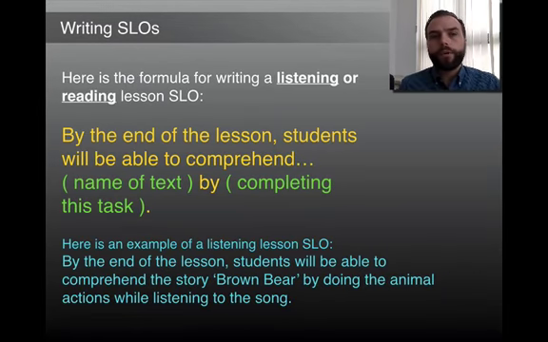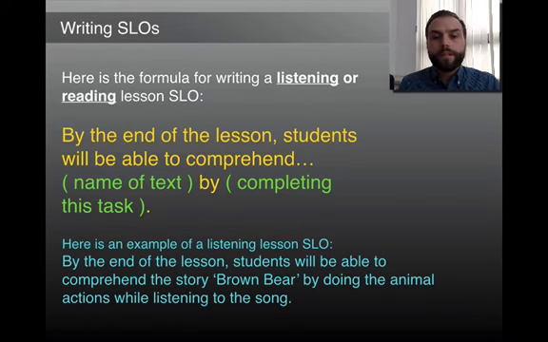Here's an example of a student learning objective for a listening or reading lesson. By the end of the lesson, students will be able to comprehend name of the text by completing this task. Okay, it's a little bit different. And at the bottom, there is an example of a listening lesson student learning objective in blue.